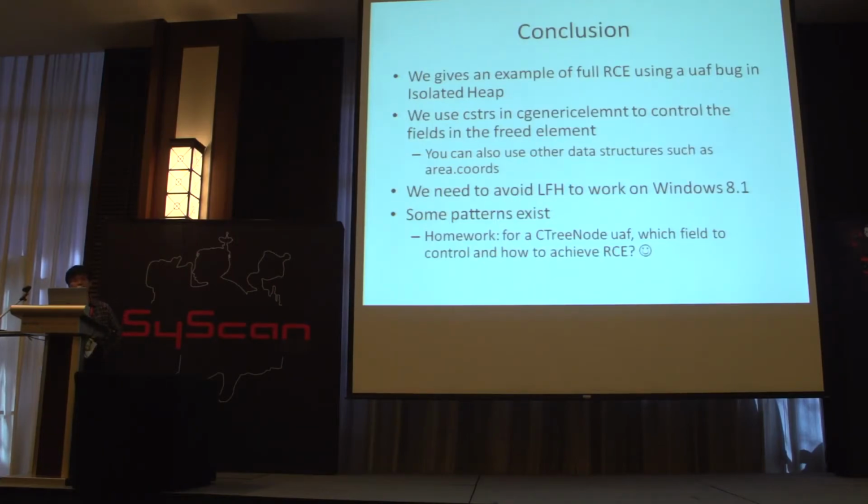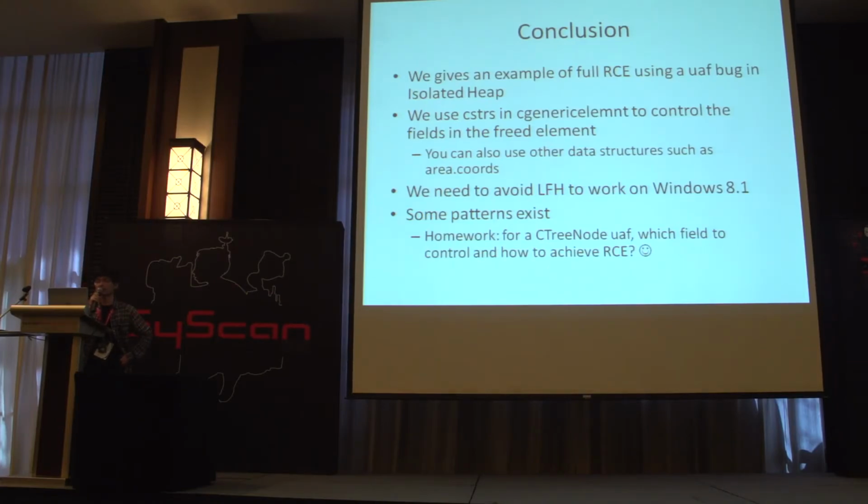Here are some key points of this example. First, we achieved full remote code execution with a UAF bug, which is allocated in the isolated heap. And we use CSTR strings to control the field we want. There are other choices you can use. For example, you can use the CUDS field in a C area element.